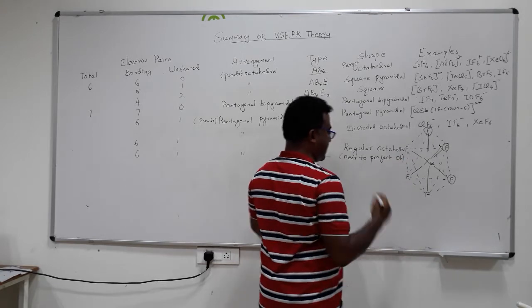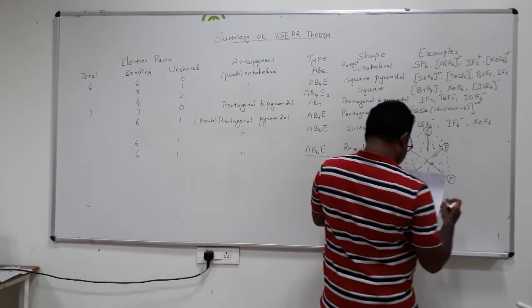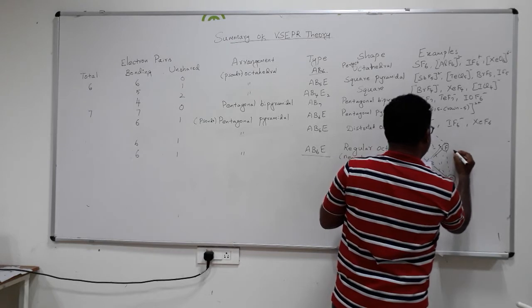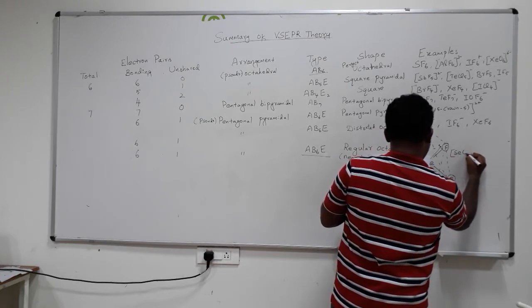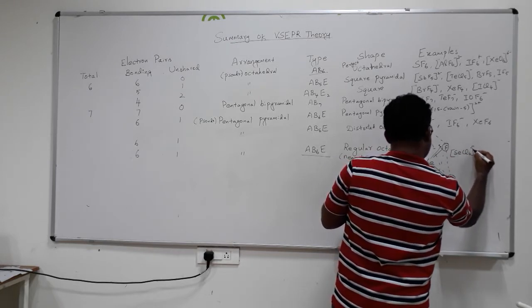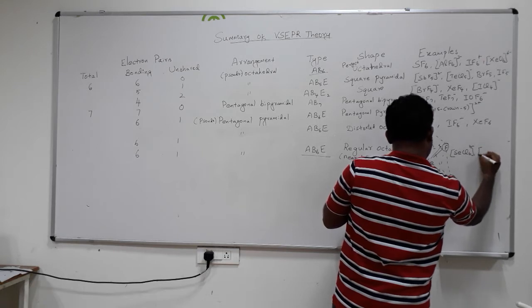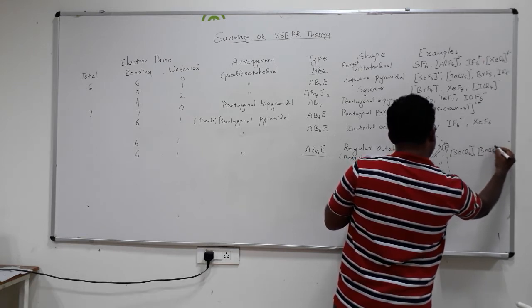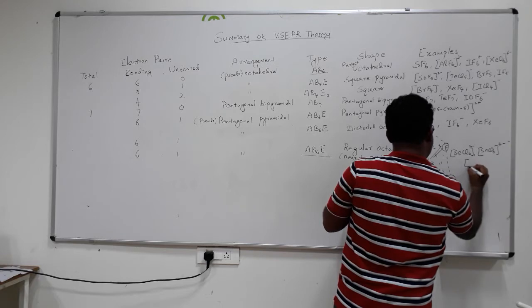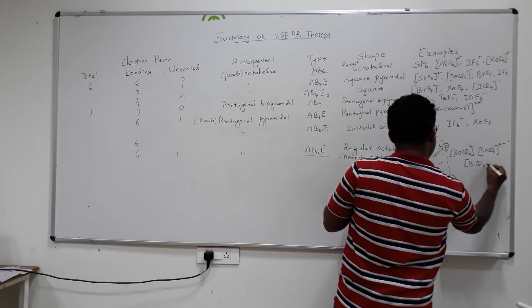The examples for such molecules are SeCl6 2 minus, SnCl6 4 minus, and BiCl6 3 minus.